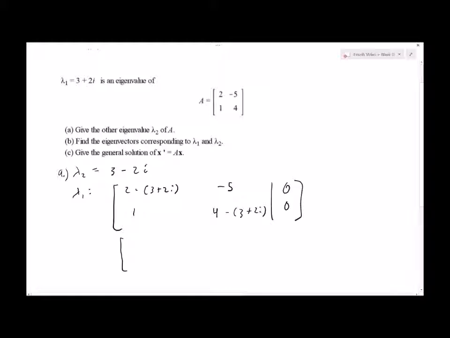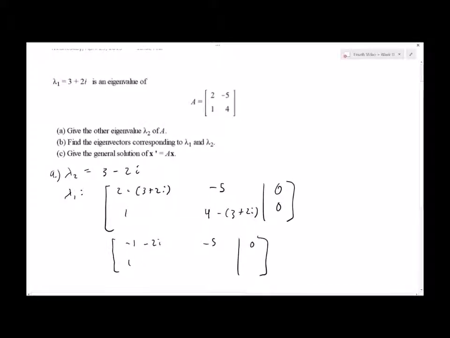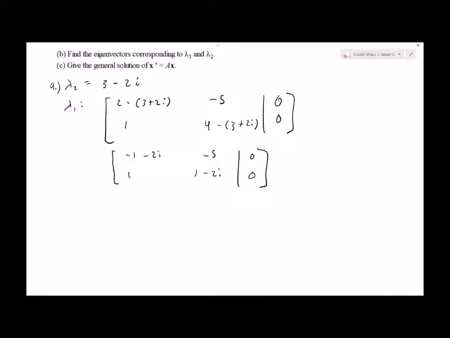We're left with negative 1 minus 2i, negative 5, 0, 1, 1 minus 2i, 0. And knowing that the determinant's 0 means that they're dependent, which means that they're multiples of each other.